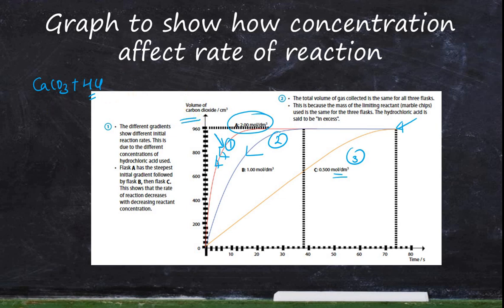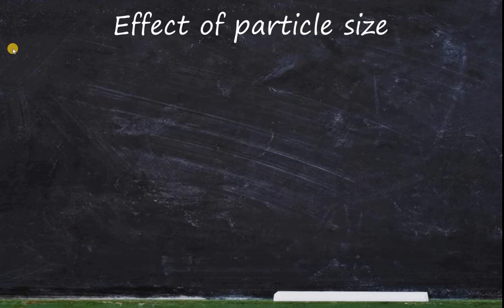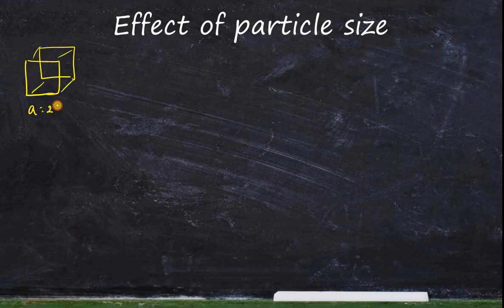Now this is clear. Here we can assume that you have one cube whose side is 2 centimeter. So what will be the volume? The volume will be 2 to the power 3, which is 8 centimeter cube.